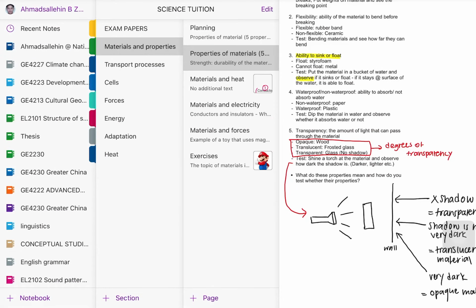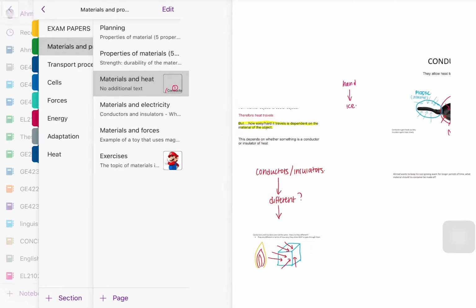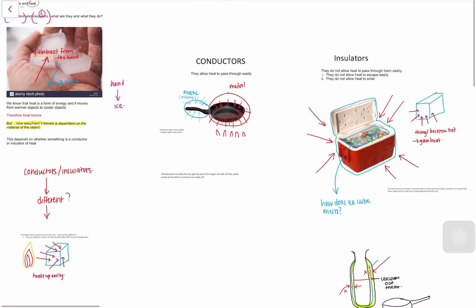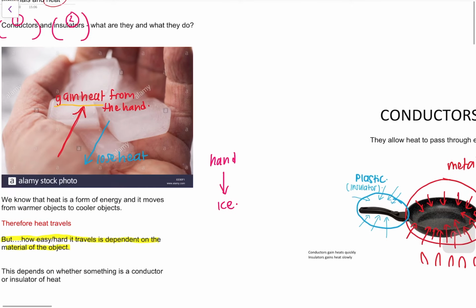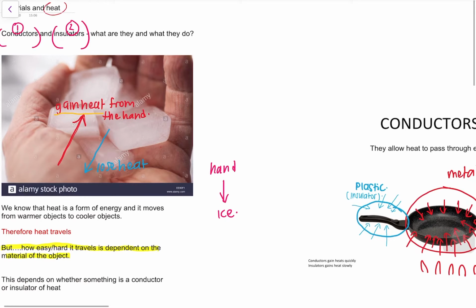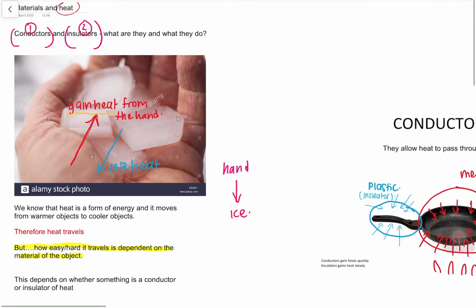Alright, so moving on, we would like to look at the topic of materials and heat. So remember, when we are doing science, a lot of the topics are actually interrelated with each other. So knowing the topic and how they link to each other would definitely help you in preparing yourself for your examinations. So we are going to talk about materials and heat.